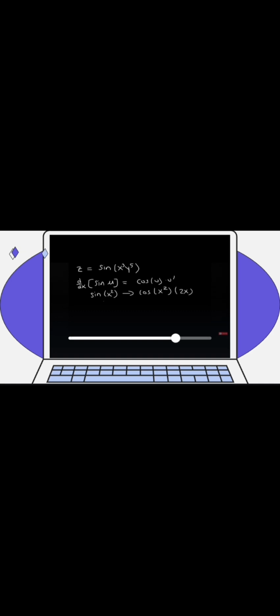The derivative of x squared is 2x. So let's say if you have sine x to the fifth, it's going to be cosine x to the fifth times the derivative of x to the fifth.